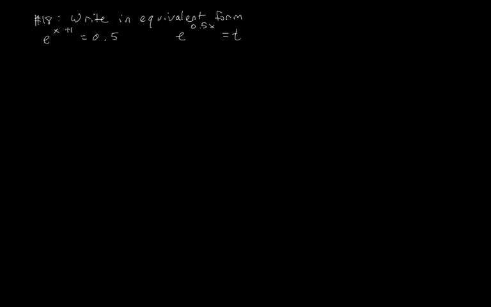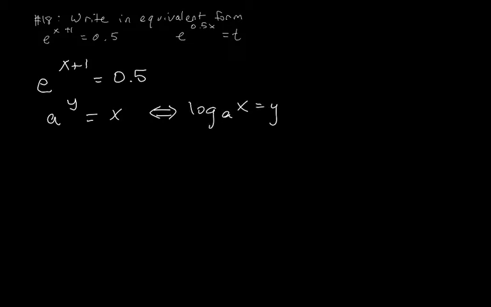So to do these, we could say, alright, well, I know e to the x plus 1 equals 0.5. And I know that a to the y equals x if and only if log base a of x equals y. So by matching terms, I see that a matches to e.